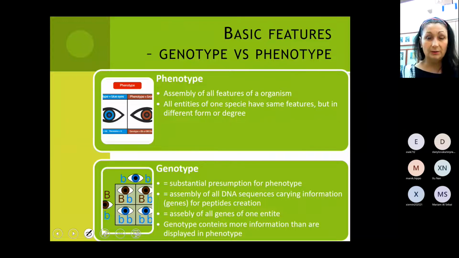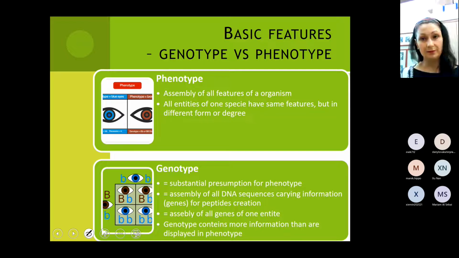So what about genotype and phenotype? Simply, we can say that genotype is what we have in our genetic information. This is the information inherited from father and mother, and we have this information in our cells. This is given.